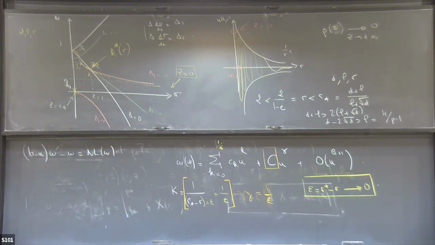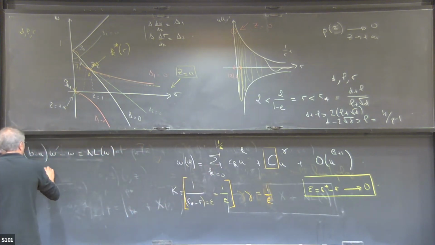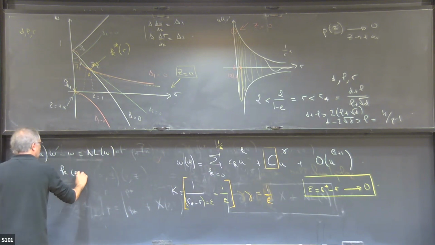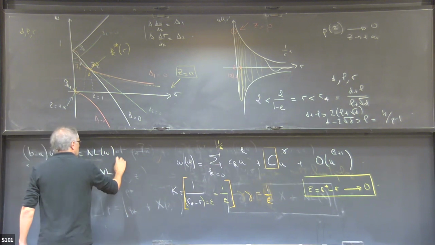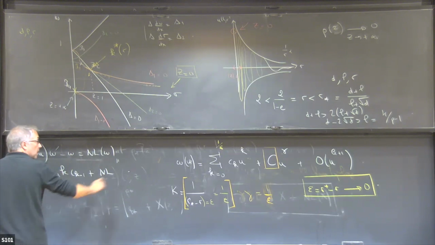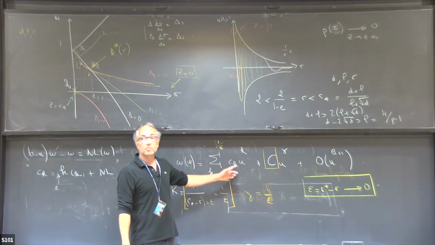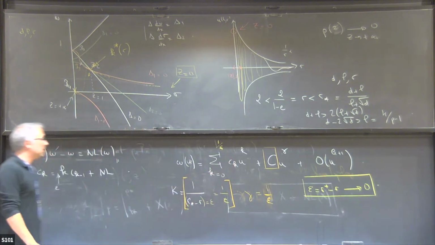You plug in an expansion like this, and you discover that you have an induction relation, schematically C_k equals k C_{k-1} plus non-linear terms. This is very schematic, and of course in your coefficients you have to be careful. There are some epsilons, because this whole thing depends on R, and you can track how it depends on epsilon.